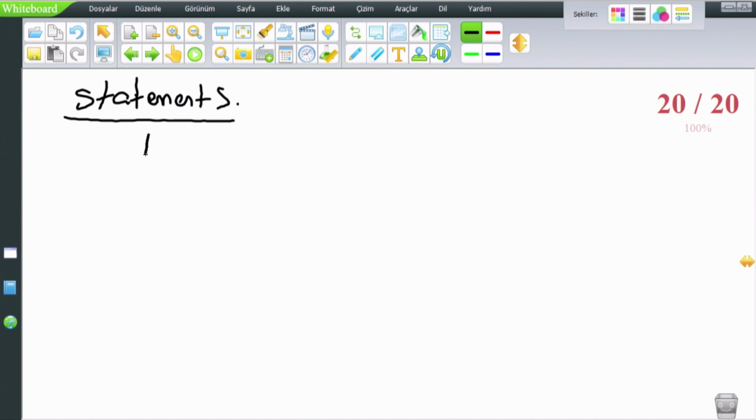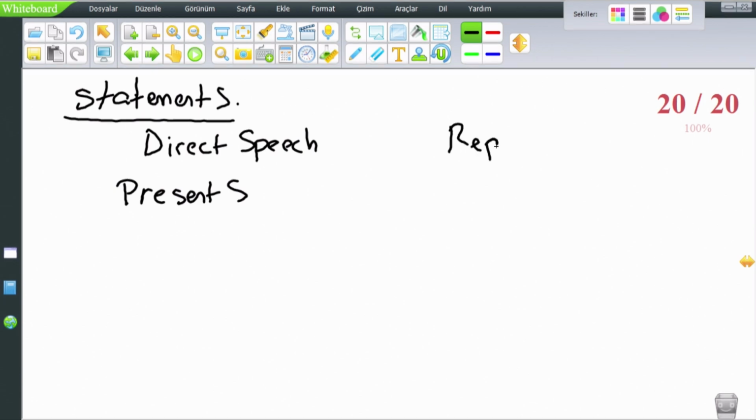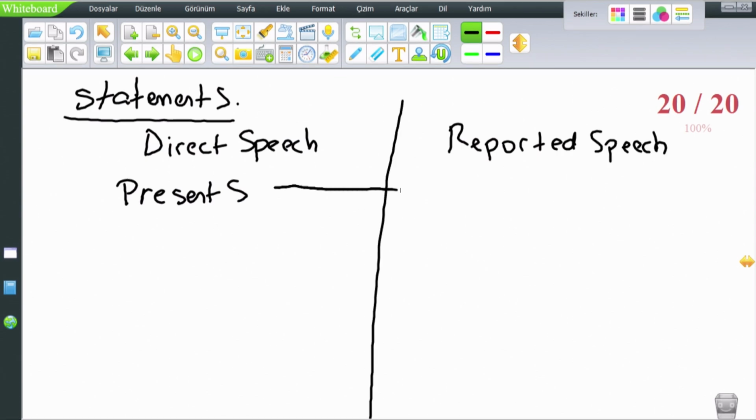If in direct speech, for example, present simple is used, in reported speech, when I'm delivering that sentence, I will use past simple to retell that sentence.